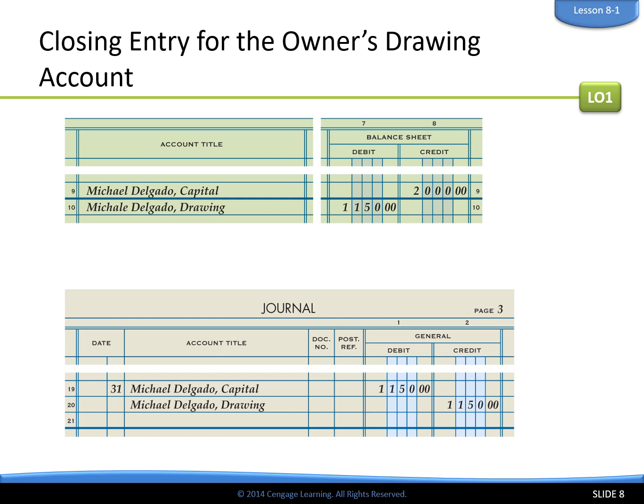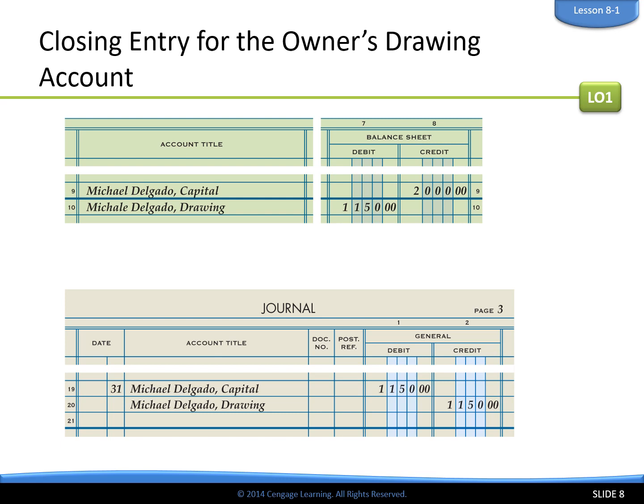All right. Next, we're going to move on to the drawing account. And remember that drawing is taken directly out of capital. Okay? So we have our capital account and our drawing account. Okay. Drawing comes out of capital. So what we're going to do here is drawing has a normal balance on the debit side.